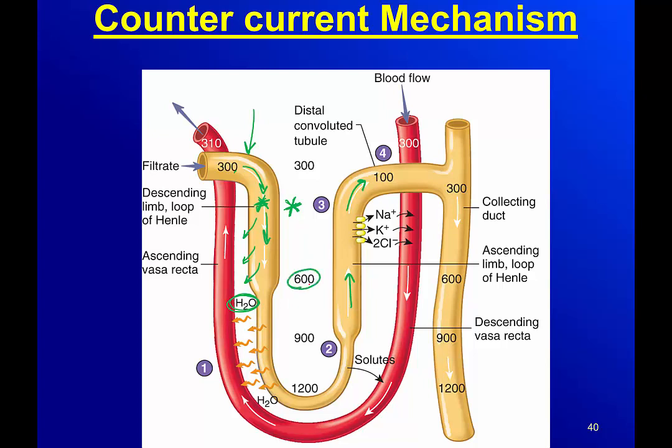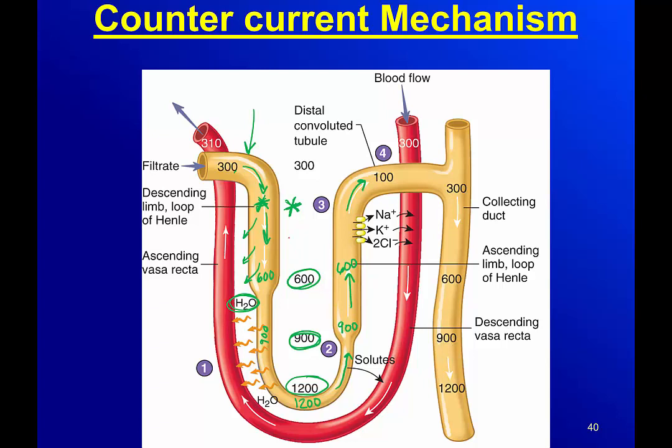So if this is 600, I want this inside to be 600. If this is 900, in here, I want it to be 900. If this is 1200, I want it to be 1200 here. As it comes back up, I want it to be 900 here. I want it to be 600 here. I want these to be equal on both sides.